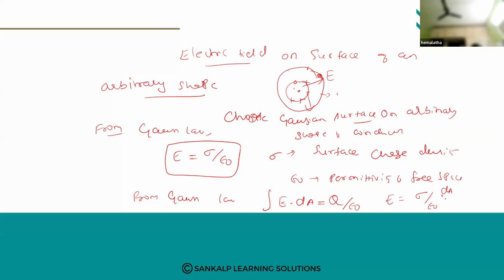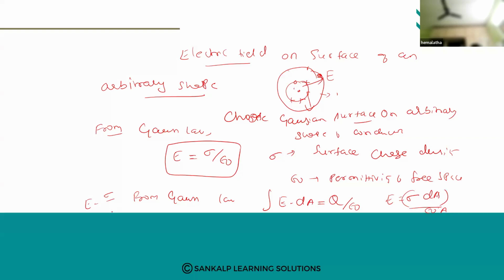So E into dA equals sigma into dA divided by epsilon naught into A. This dA cancels, dividing with A, so E is equal to sigma divided by epsilon naught.